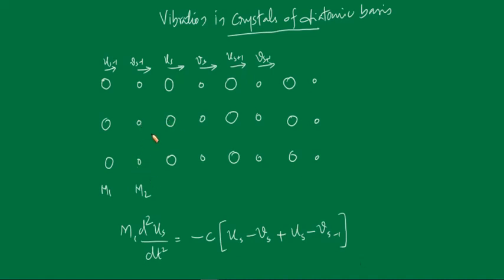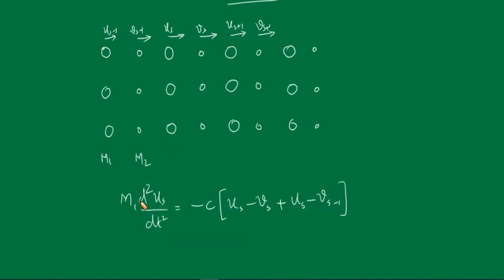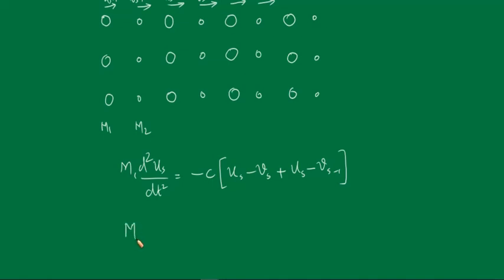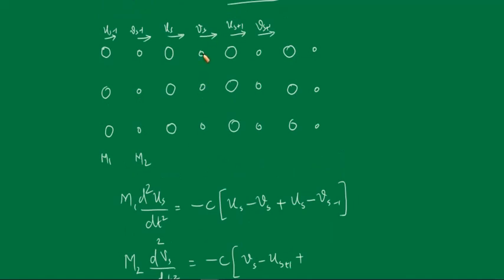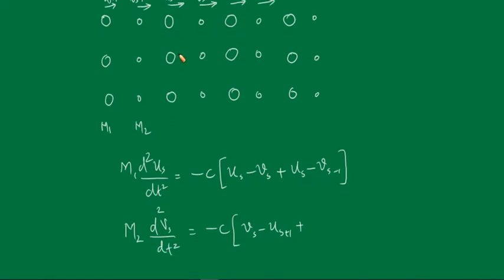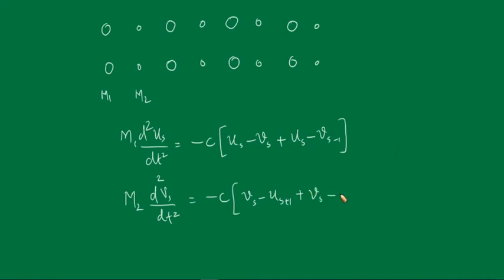Similarly, the equation of motion of the second kind of atom in the nth plane, that is m2, mass of the second kind of atom, m2 d square v_s divided by dt square is equal to minus C times (v_s minus u_{s+1}) minus C times (v_s minus u_s). So these are the equations.